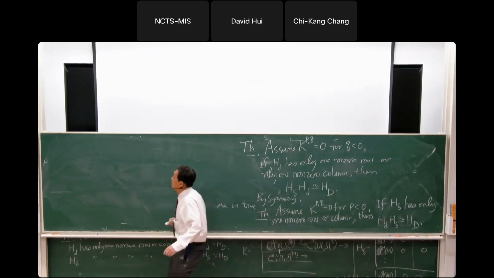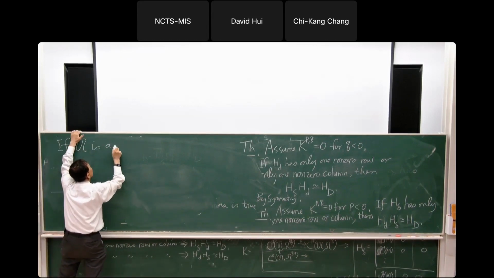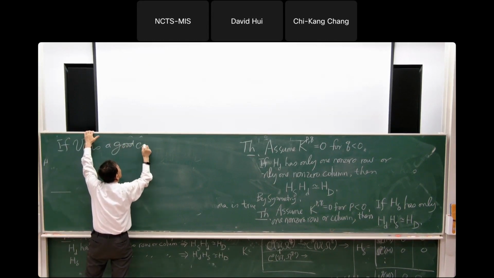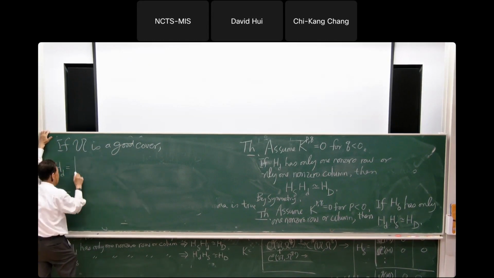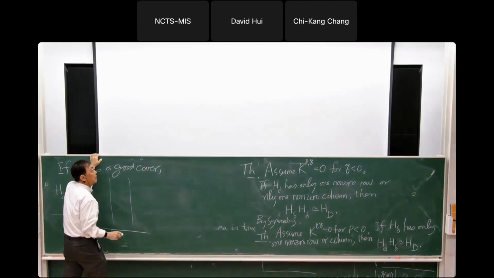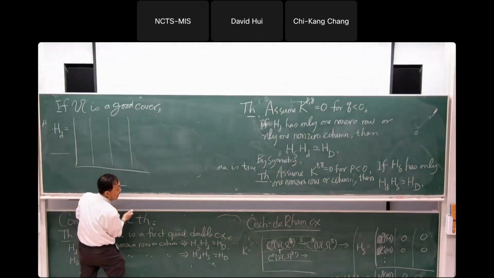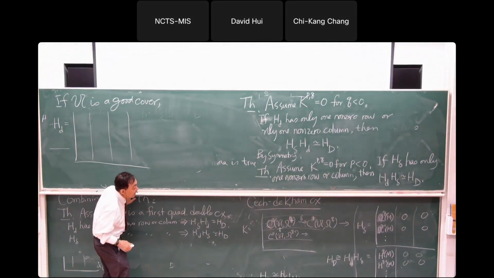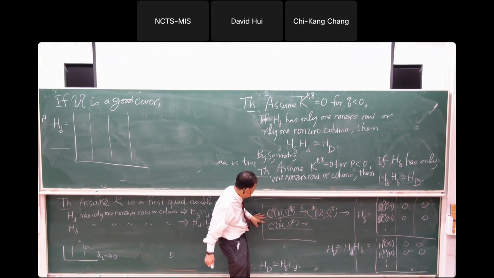So if U is a good cover, then what is HD? This is the Čech-de Rham complex, and now we are looking at the cohomology in the vertical direction.